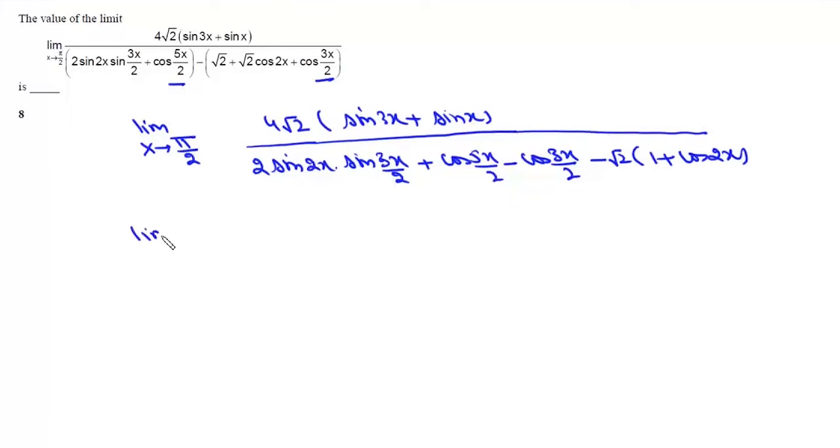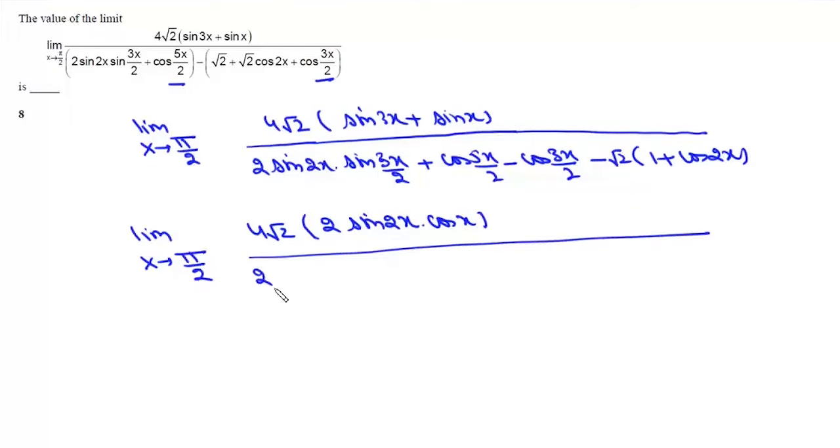Now we'll use trigonometric formulas. So we'll write this as limit x tends to pi by 2. Now this is 4 root 2. Now sin c plus sin d is 2 sin (c plus d) by 2, so it will be 2 sin 2x into cos (c minus d) by 2, so it will be into cos x.